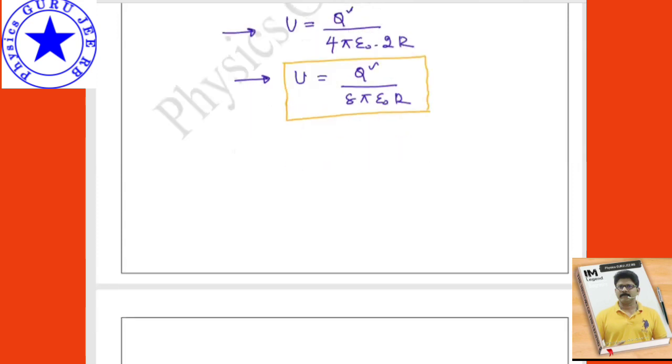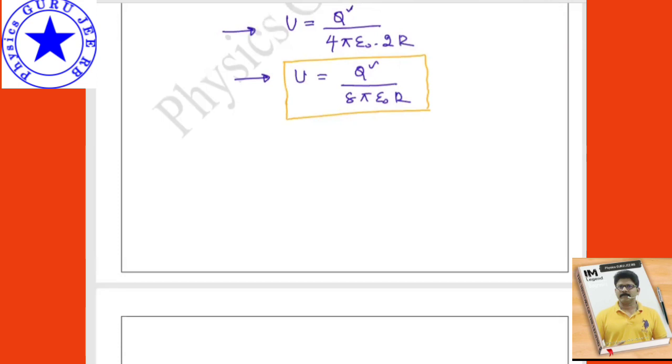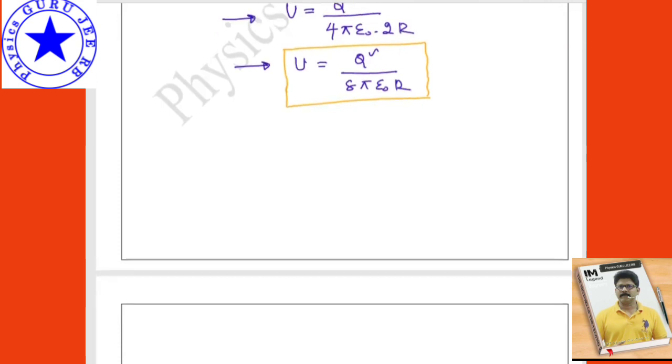Is it clear, this one? Yes, no. Okay, if I want the same equation in terms of capacitance, how can I write it in terms of capacitance? Can anybody tell?